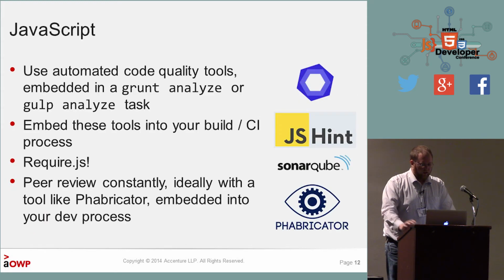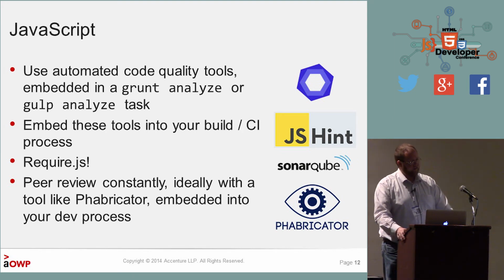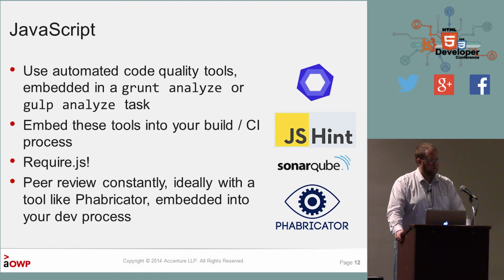And then JavaScript, of course, is the hardest one out of everything to do any sort of automated optimization. But we can cheat a little bit and say that we want to use the static code analysis tools that we have at hand. So make sure that linting is done and enforced before code reviews happen.